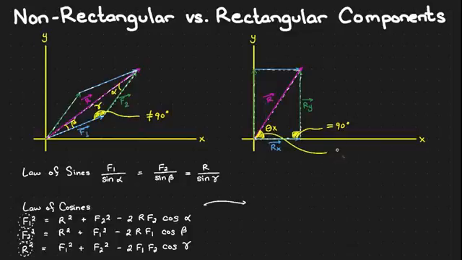I have chosen this notation intentionally so that it'll be easy for me to remember that the angle between the resultant and the x-axis shall be called theta x. Notice that the subscript is x. It makes it easy for me to remember that is the angle between the resultant and the x-axis. I'd like to define another angle and call it theta y.